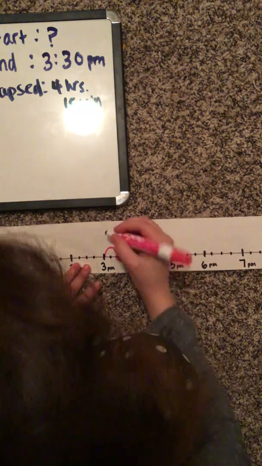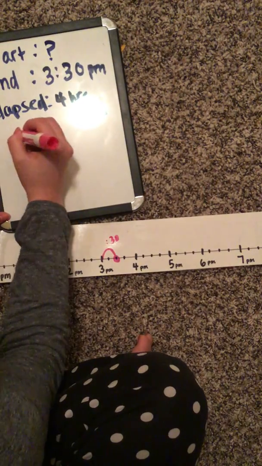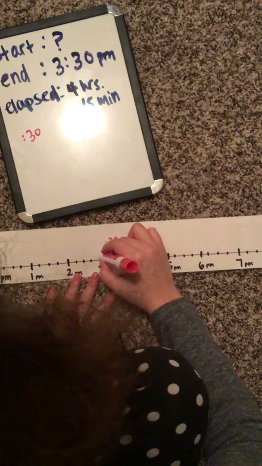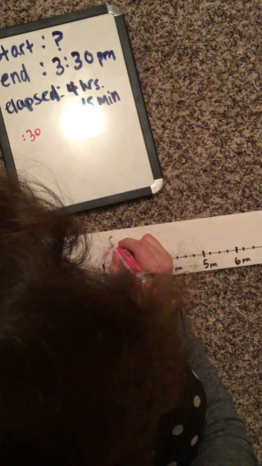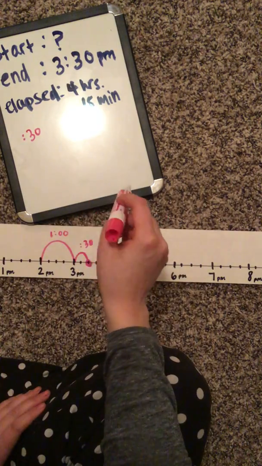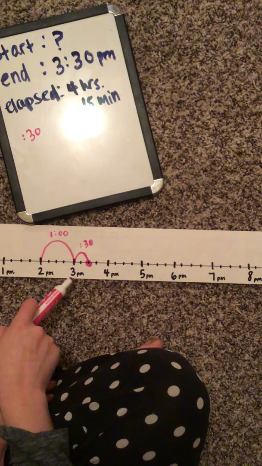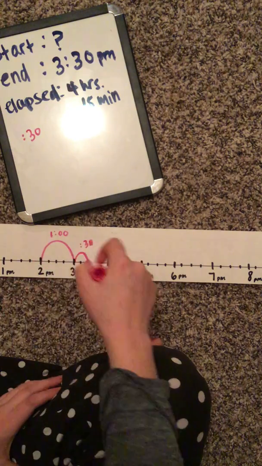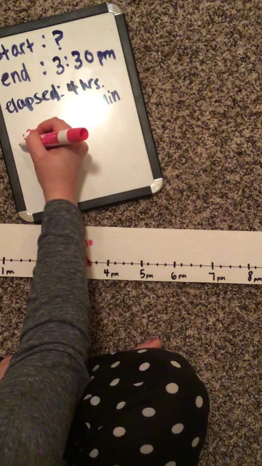Go backwards a full 30 minutes and make sure we're keeping track of our calculations, okay? Then we've got another jump of an hour. We're using the make 60 approach here. Do you see how I went all the way back to the nearest hour? And the nearest hour counting backwards was 3. So I went backwards to the nearest hour and then jumped another hour because I had time for it.